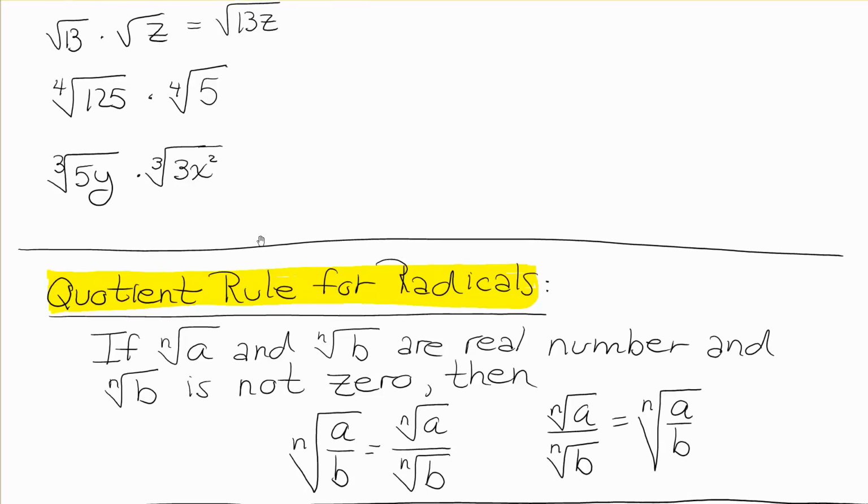Now we have the fourth root of 125. So let's take a look at the fourth root of 125 times the fourth root of 5. They have the same index, so we're going to go ahead and combine them under one radical sign. So it's the fourth root of 125 times 5, which is the fourth root of 625.